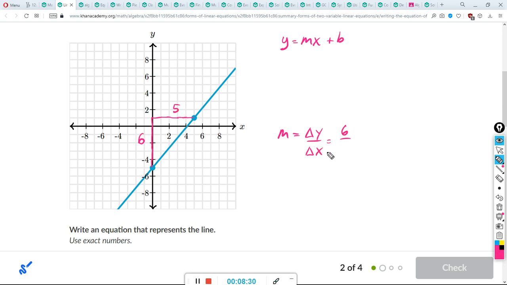Change in x is 5. And now for the b, the y coordinate, that's going to be a -5, because it's in between -4 and -6, so it has to be -5.